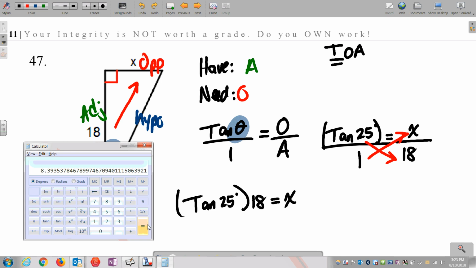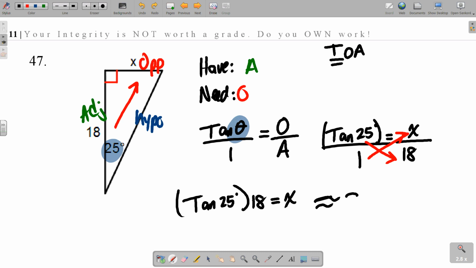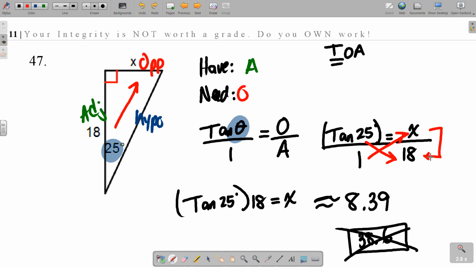That is different from the key. The key accidentally flipped the input. So this is going to be approximately 8.39. That is different from the key. The key was 38.6. That was incorrect. That incorrect answer came from inverting these.